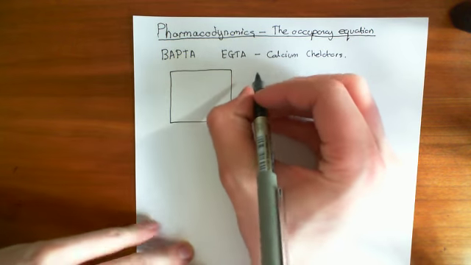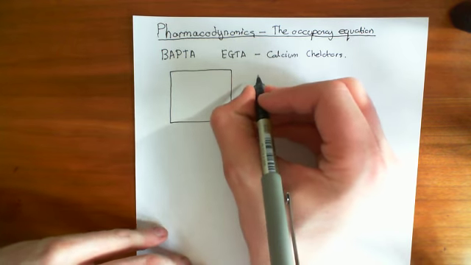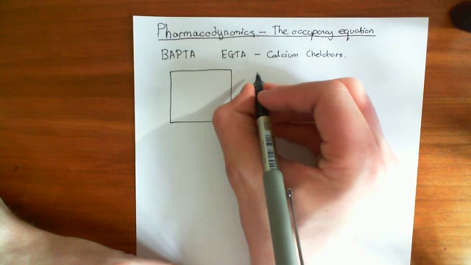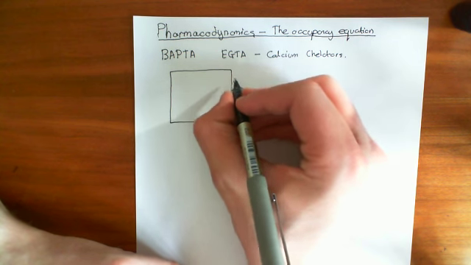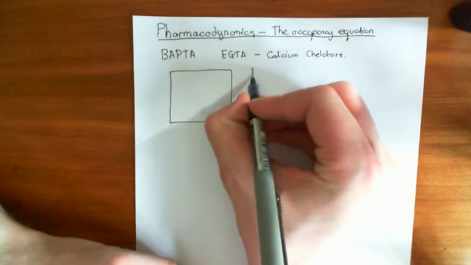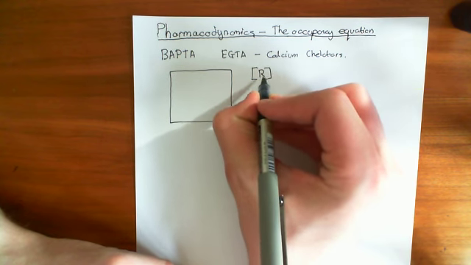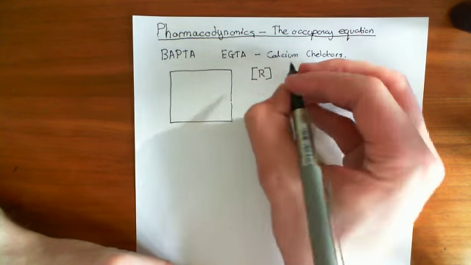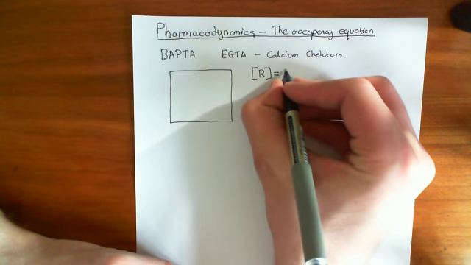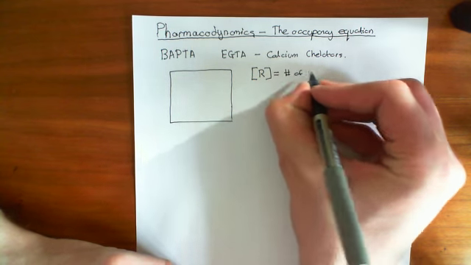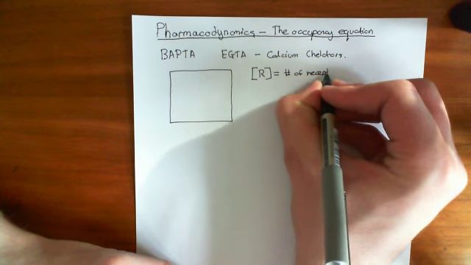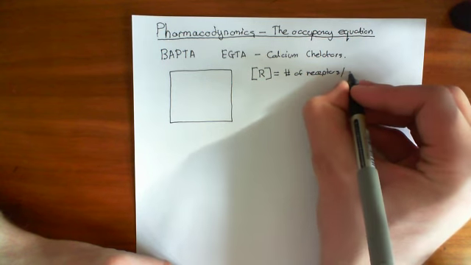And remember what concentration means. Concentration means the number you have, usually in moles, per a certain volume. And if I write the concentration of R, that means the concentration of receptors. What that means is how many receptors you have, the number of receptors, usually given in moles, and it's usually per litre.